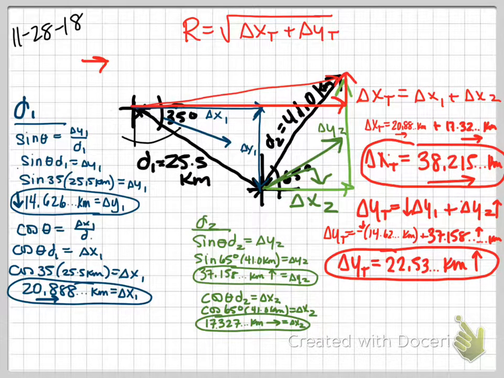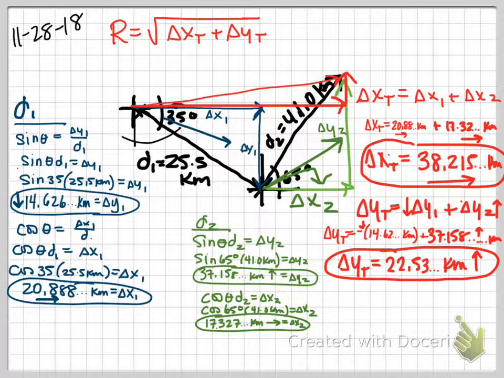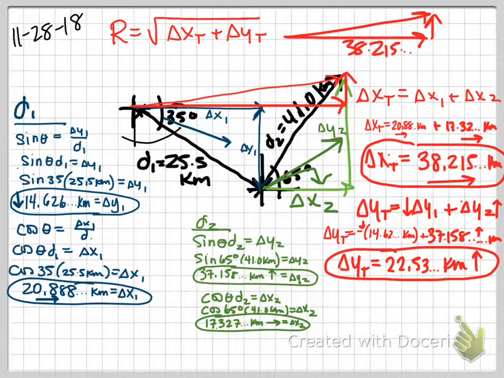It's sometimes helpful, especially if they've gotten really messy, that I will come over here and redraw my overall triangle with labels. So I know my delta x total, that 38.215, etc. east is there.